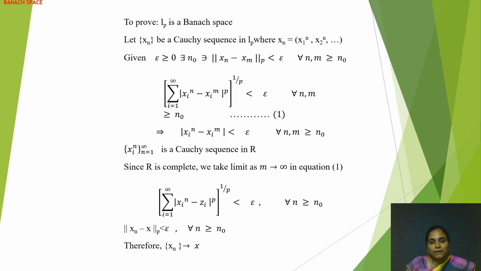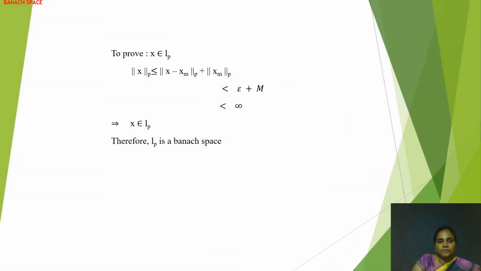So therefore x_i power n, n from 1 to infinity, is a Cauchy sequence in R. Since R is complete, we can take the limit as m tends to infinity in equation number 1. So we have norm of x_n minus x in l^p is less than epsilon for every n greater than or equal to n naught. Therefore x_n tends to x. Now next we are going to prove x belongs to l^p.